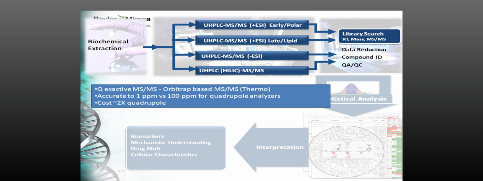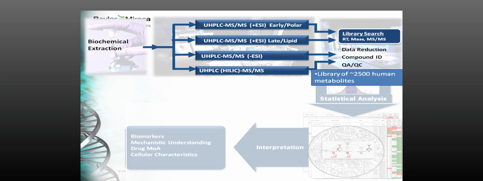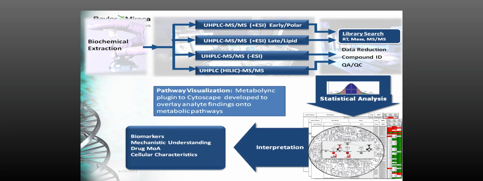They then take the results from this untargeted tandem mass spec platform, search their library, and a statistical analysis is performed. Then we get the raw data, and I'll show you some examples of that, in order to generate an interpretation.